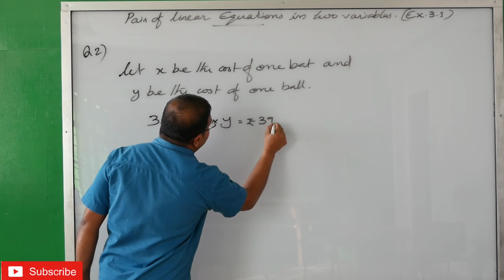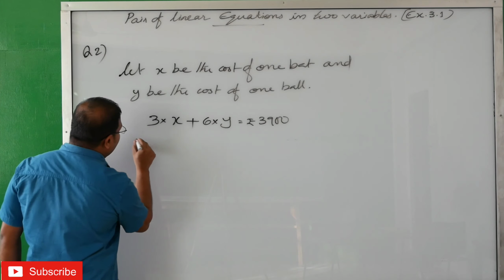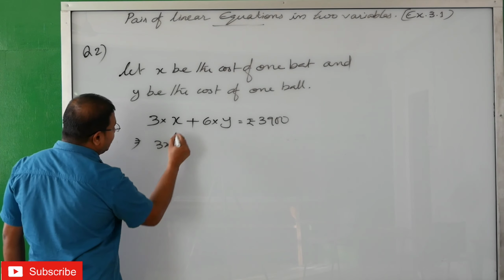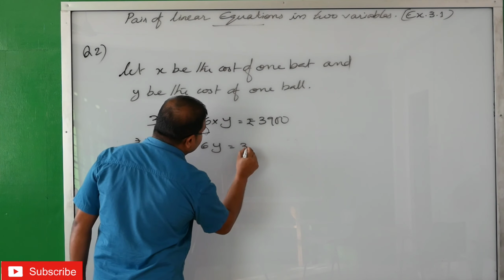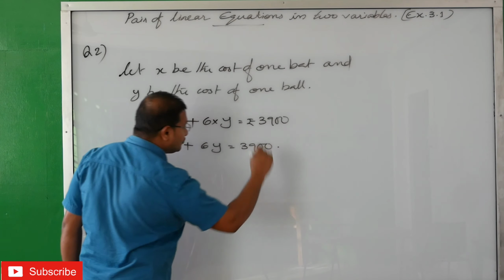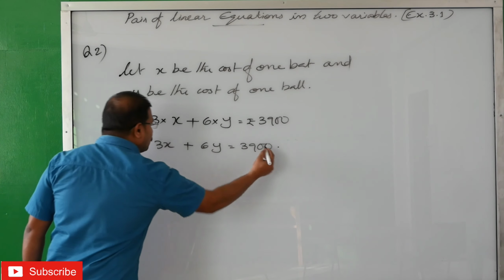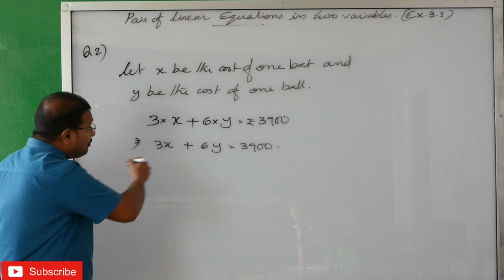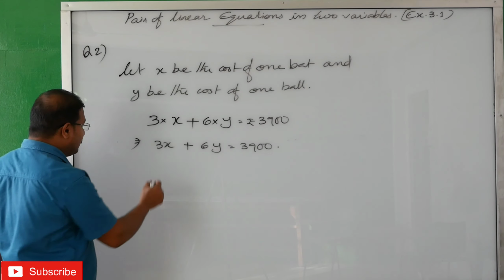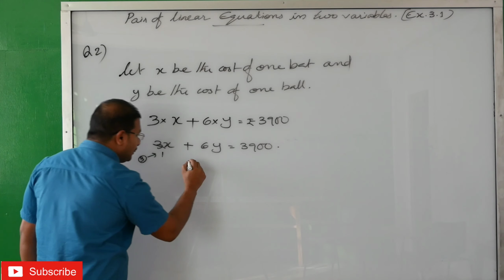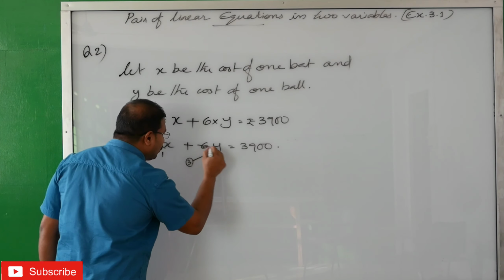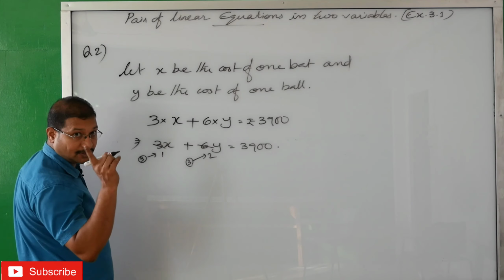Rupees 3,900. This implies 3x, 3 into x means 3x, plus 6 into y, 6y equals 3,900. Ready? So now all through, what can you do? Dividing throughout by 3. I am cancelling here by 3. 3 ones are 3. Here when you cancel by 3, 3 twos are 6.